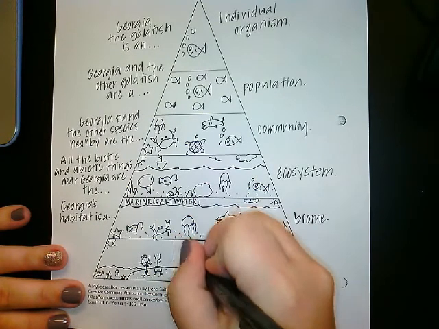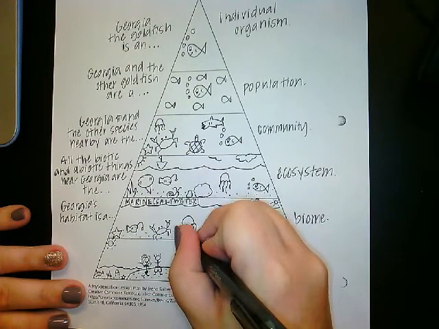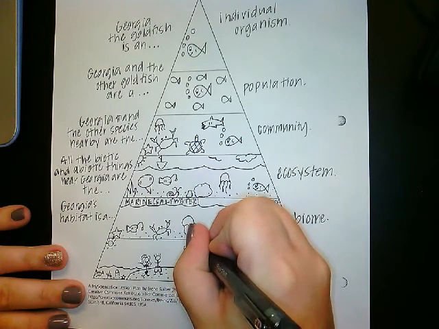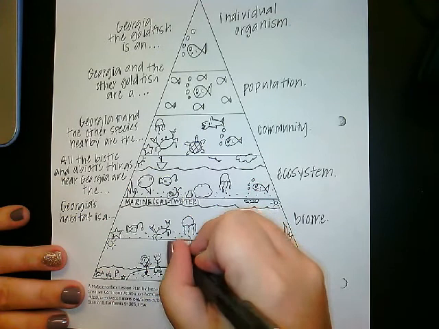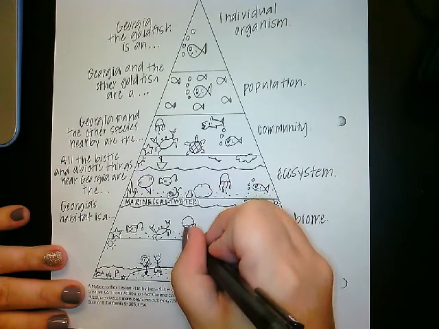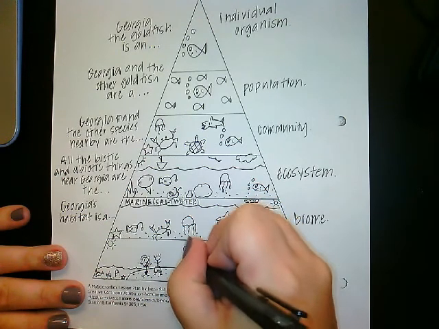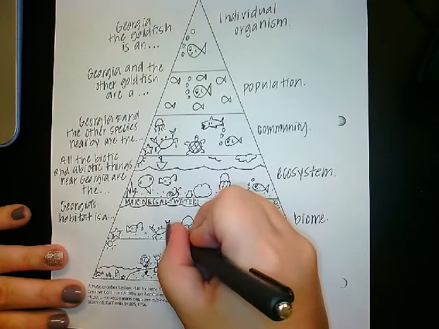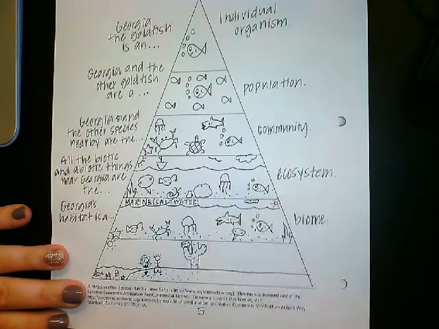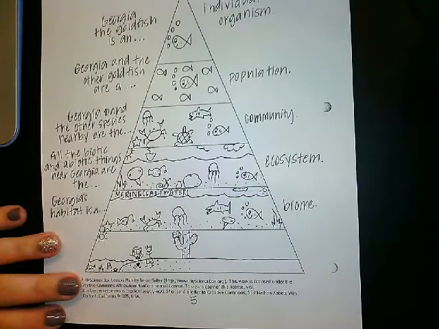Then we're going to go a little bit further and we're going to mix it up. So our next thing is going to be a cactus. Okay, so here's my cactus. Make sure it's got the spines on it so you know it's a cactus.